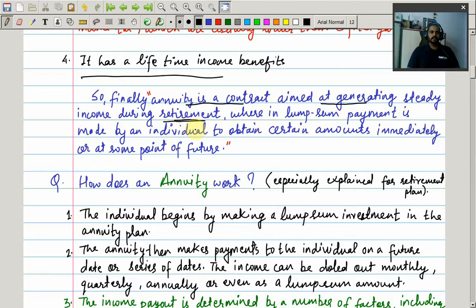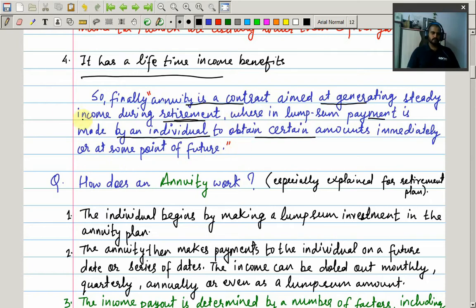So the main target behind annuity is to generate a steady income after retirement, wherein a lump sum payment is made by an individual to obtain certain amounts immediately or at some point in future.